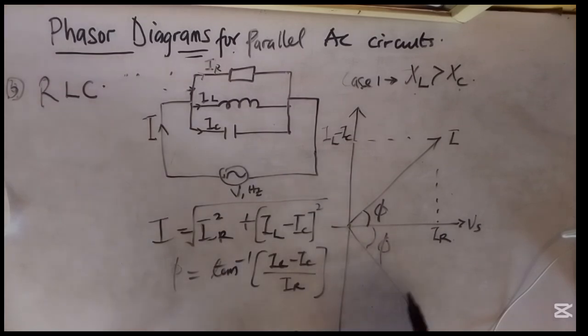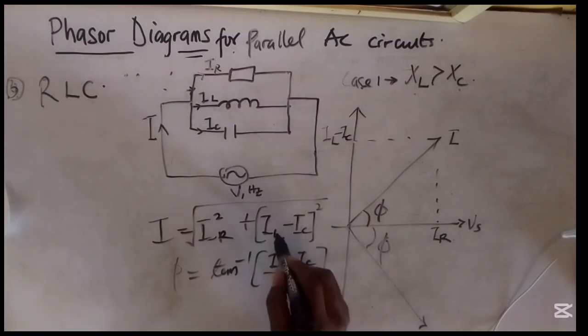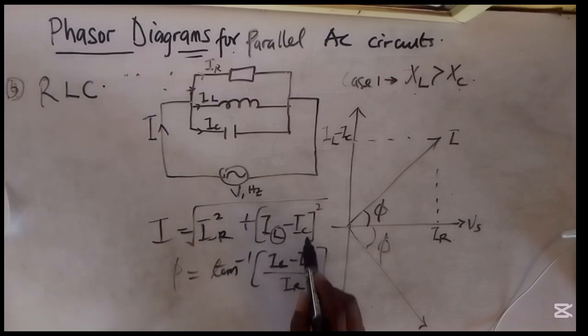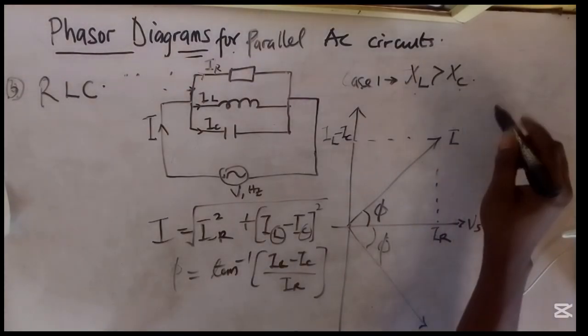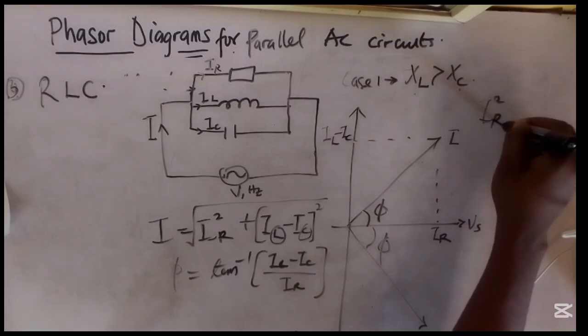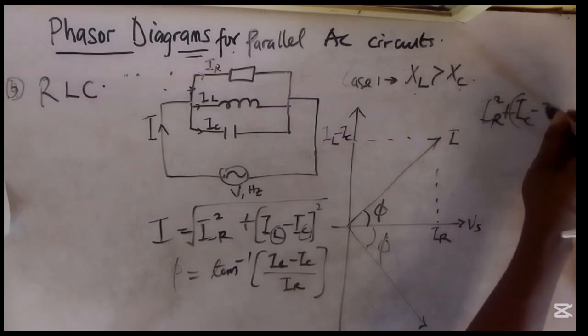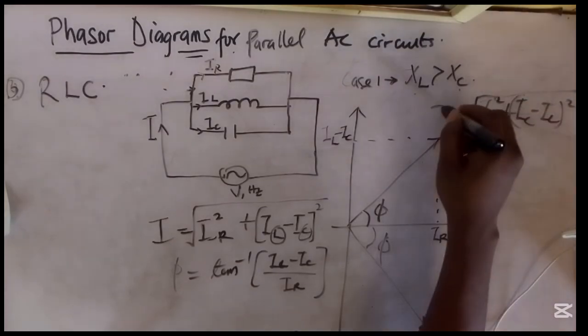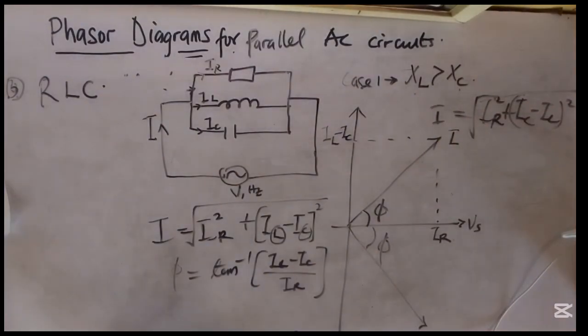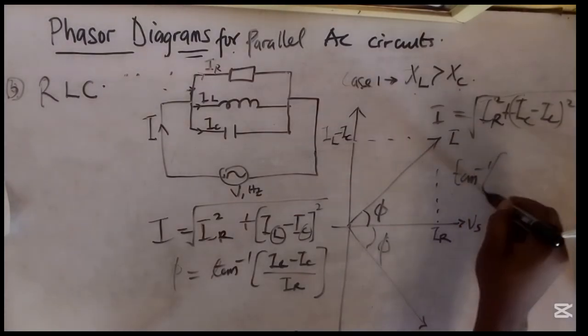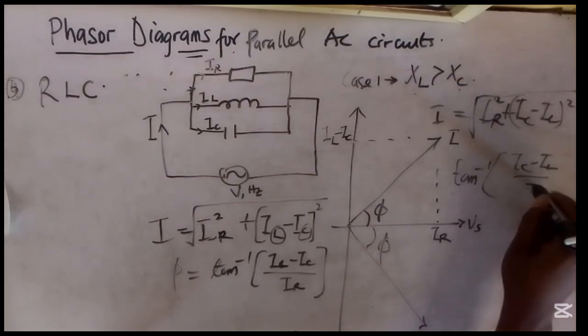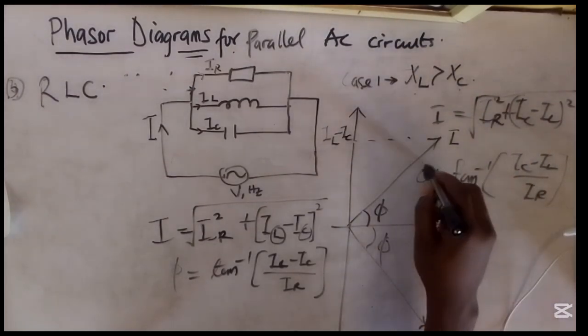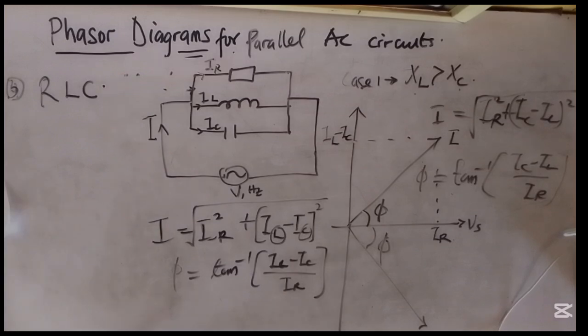This becomes our phase angle, and everything remains the same with I here, except that in place of L here we have C, and in place of C here we have L. So the formula will become I equals the square root of IR square plus IC minus IL square, and the tan inverse of IC minus IL over IR becomes the value for our phi.